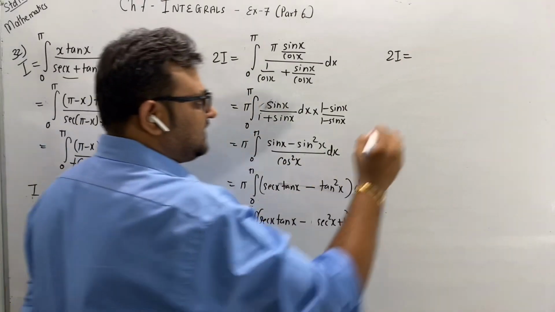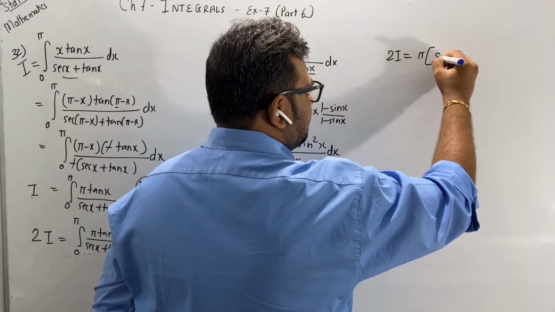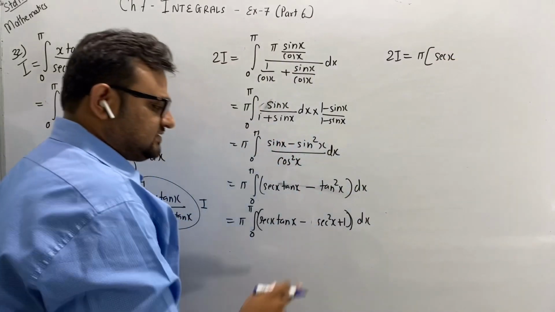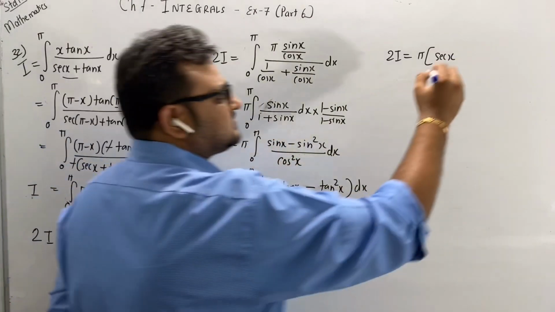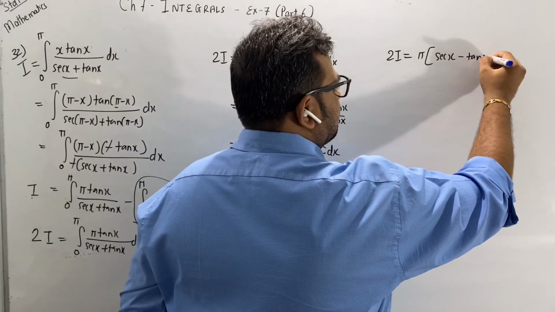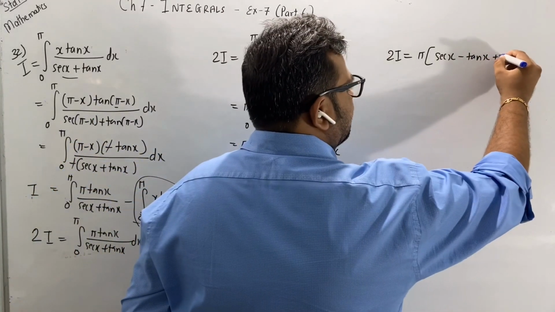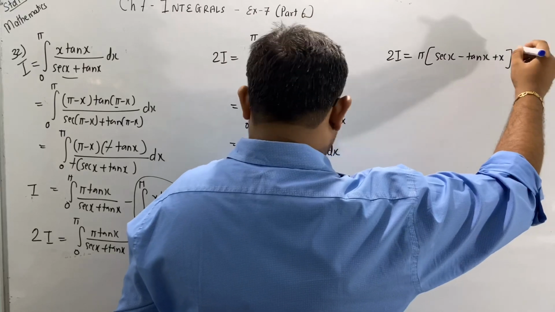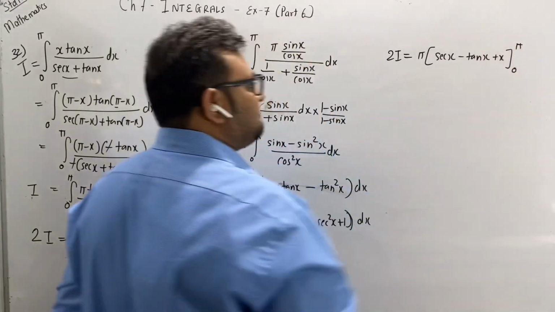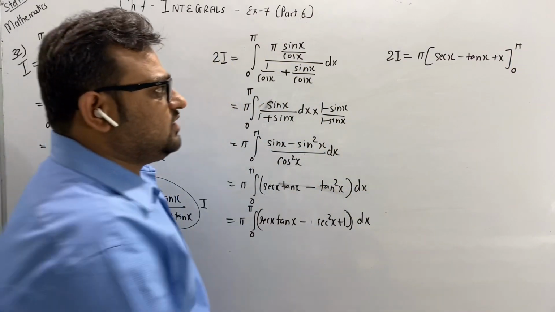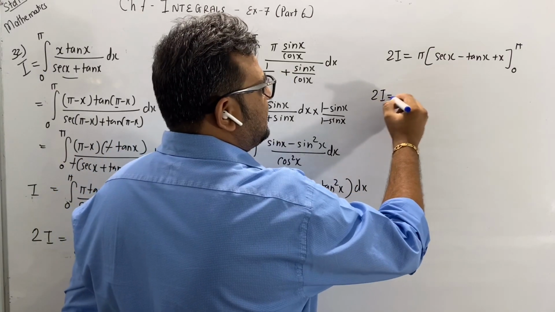Integration of sec x tan x is sec x. Integration of sec square x is tan x. Integration of 1 is x, from 0 to pi. Okay. So 2I equal to pi.